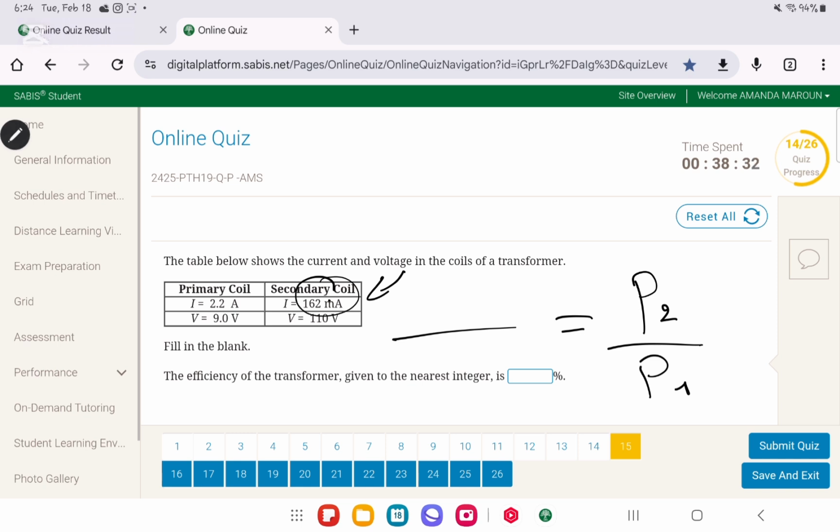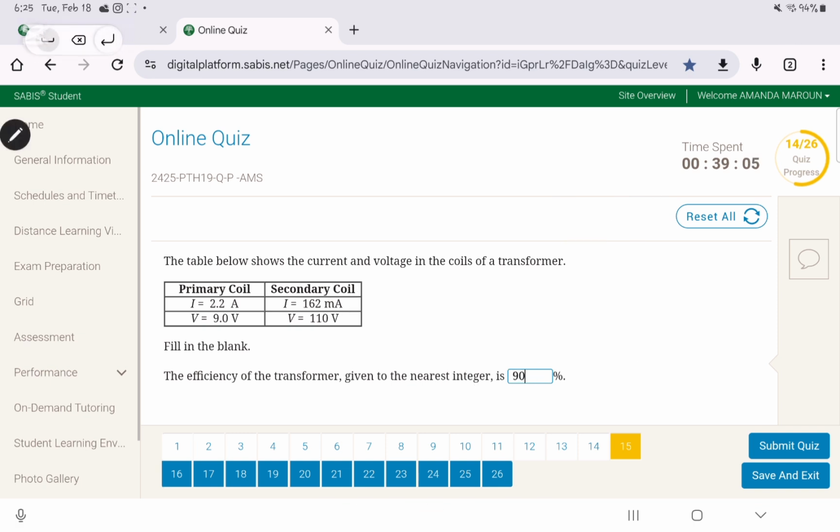You are going to get 17.82 over 2.2 times 9 volts, which is 19.8, and then multiplied by 100. So 17.82 over 19.8, this is 9, not 4, times 100, we will get approximately 90. So the answer is 90.